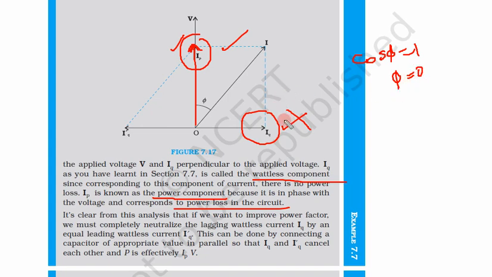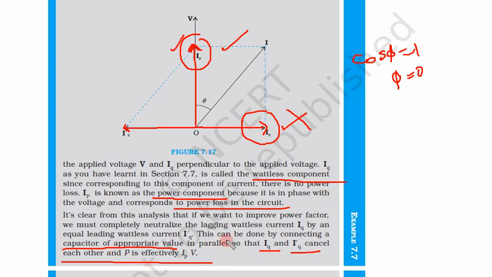When can we have phi equal to 0? If this component is gone, only this component will remain. How can we achieve this? We add another component in this direction of the same magnitude but in the opposite direction. This can be done by connecting a capacitor of appropriate value in parallel, so that IQ and IQ dash cancel each other and P is effectively IP into V.